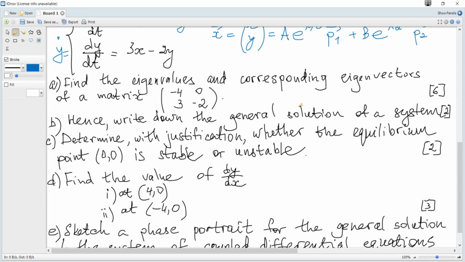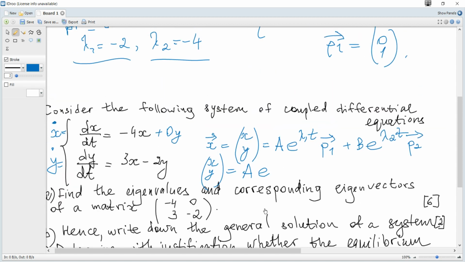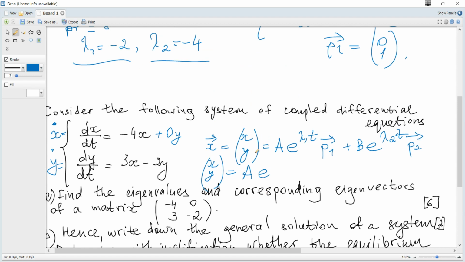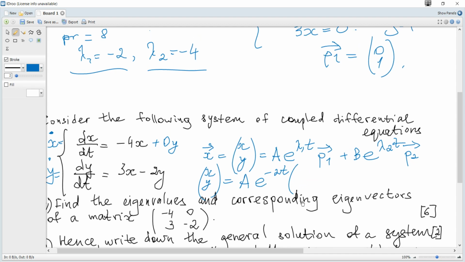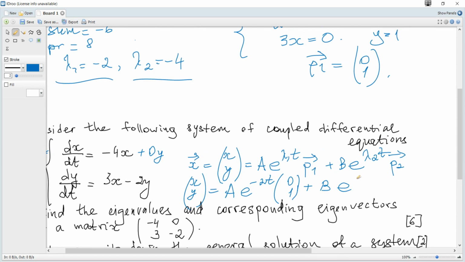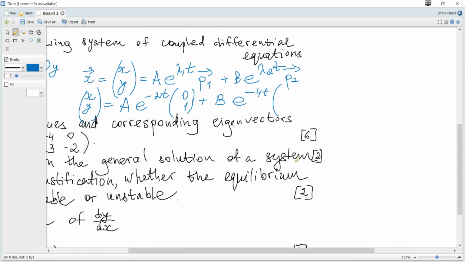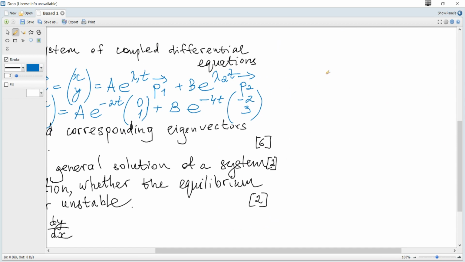So for our problem it becomes: x, y is some constant a e to the power of the first eigenvalue, negative 2t, multiplied by the vector 0, 1, plus some constant b e to negative 4t and vector negative 2, 3. It can be rewritten again as simultaneous equations.